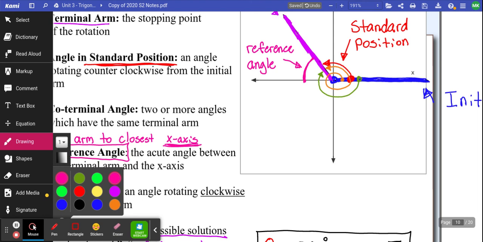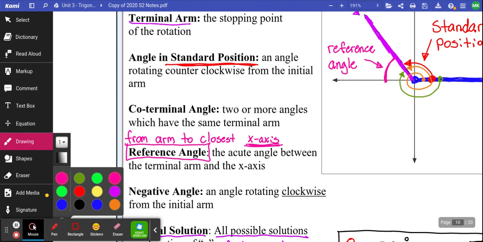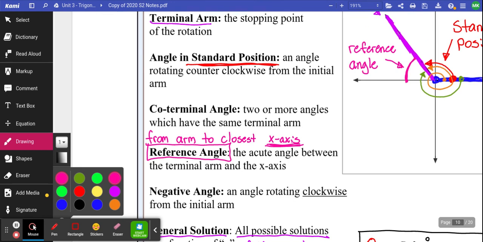For the record, since I'm always going to my closest x-axis, a reference angle should always be less than 90. If it's bigger than 90 degrees, you didn't go to the closest x-axis and you are not a reference angle. It is 90, you could have a reference angle be 90 degrees. That's fair. So less than or equal to 90 degrees.